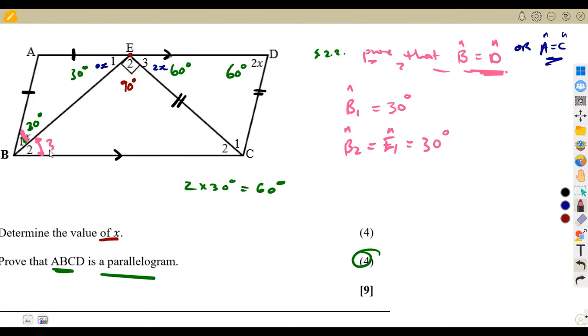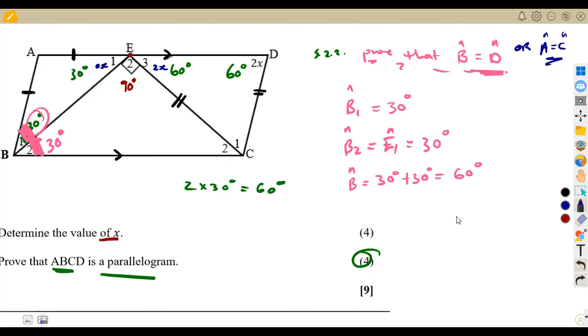So meaning to say here there is 30 degrees at B1. So the whole of angle B, which is a combination of B1 and B2, is going to be 30 plus 30. And 30 plus 30 gives us 60 degrees. That's the angle B. The whole of angle B here is 60 degrees.